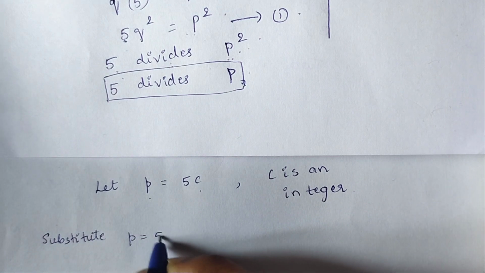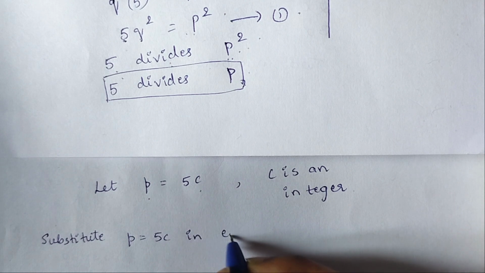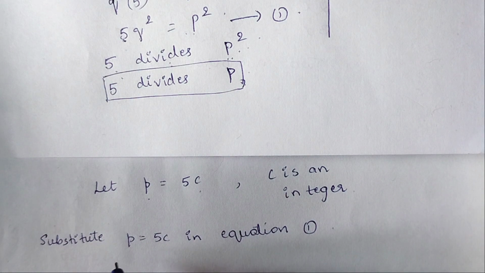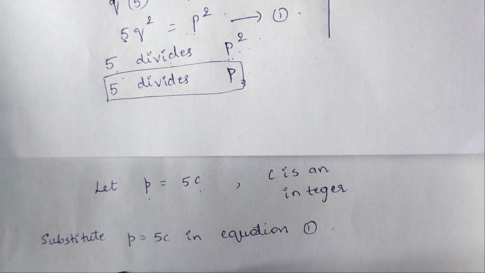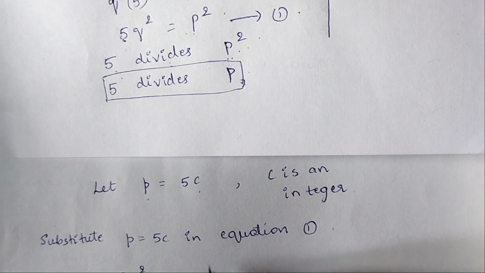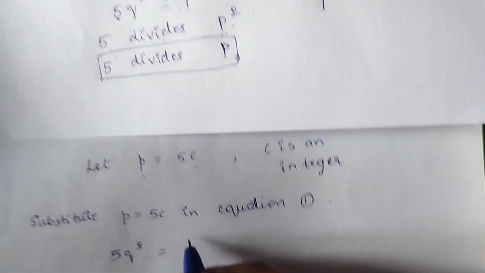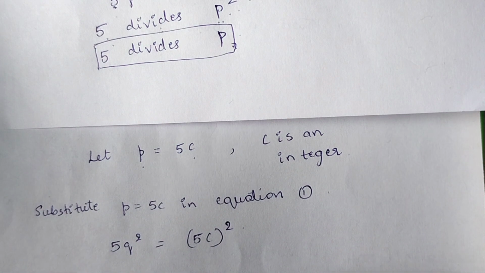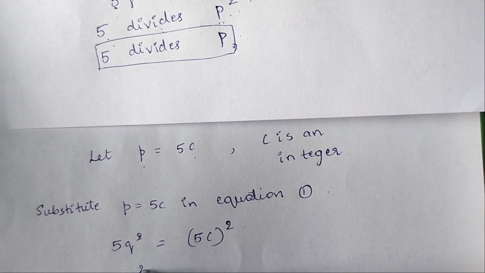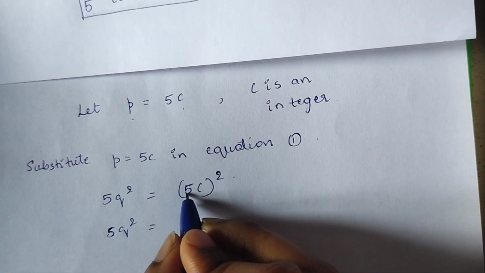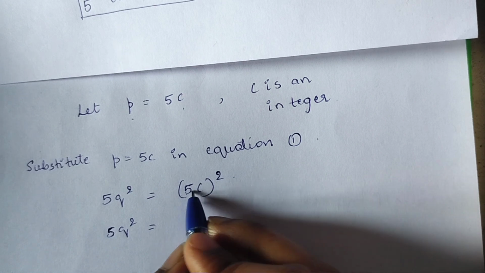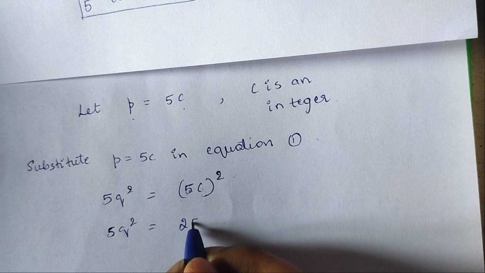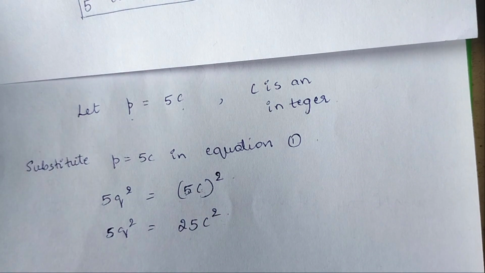After substituting, the equation becomes 5q square is equal to, in the place of p I can write 5c whole square. So for the simplification, 5q square is equal to 5c whole square. The square is applied to both the terms, so 5 square c square. So 5 square is 25c square.